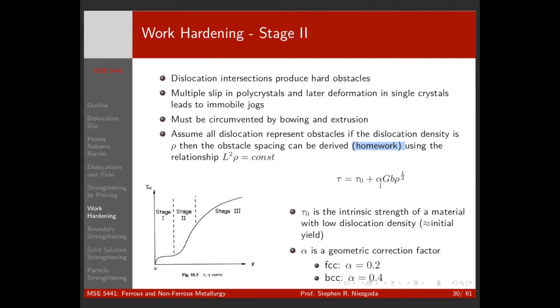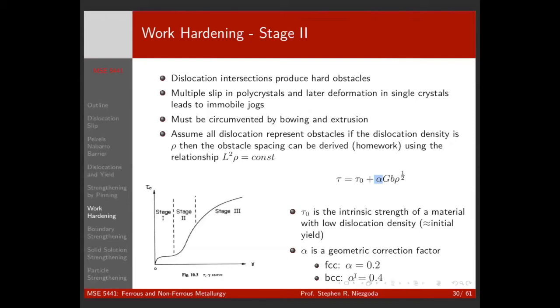All right. So this is the intrinsic strength of the material with a low dislocation density. So this is going to be proportional to the Peierls stress, right? How easy the defects are to move. And this alpha is a factor, and it's going to be different for all the different metals.